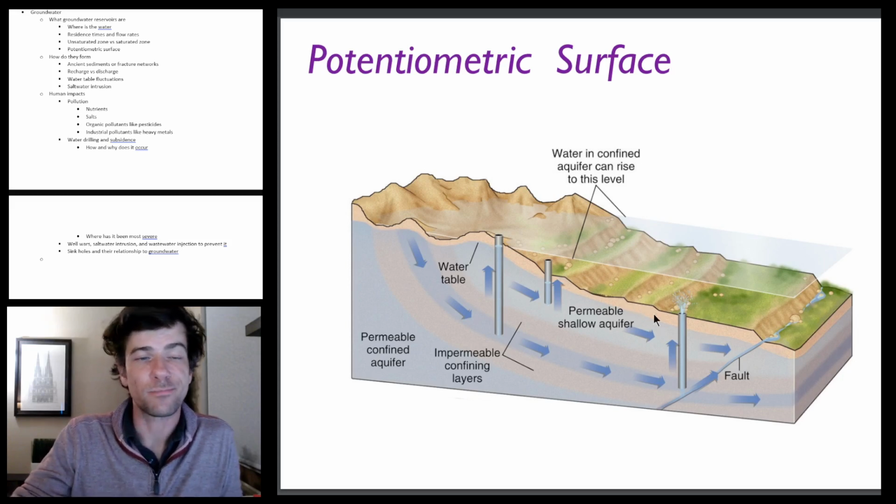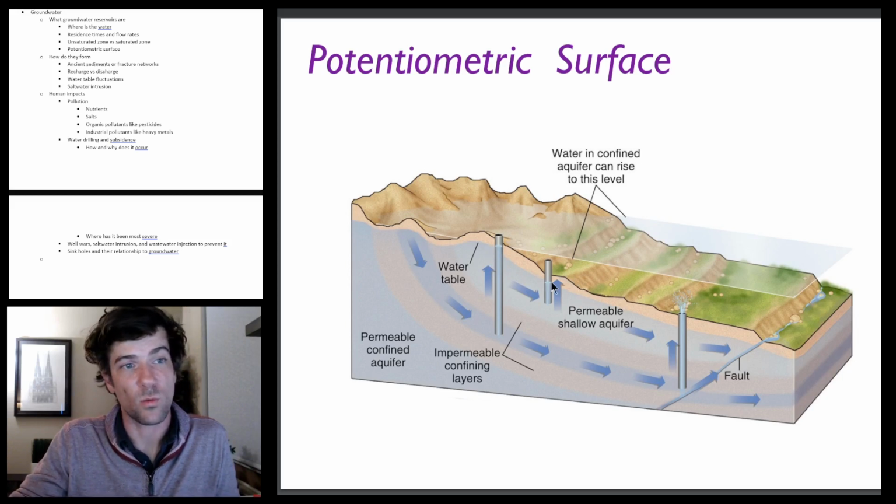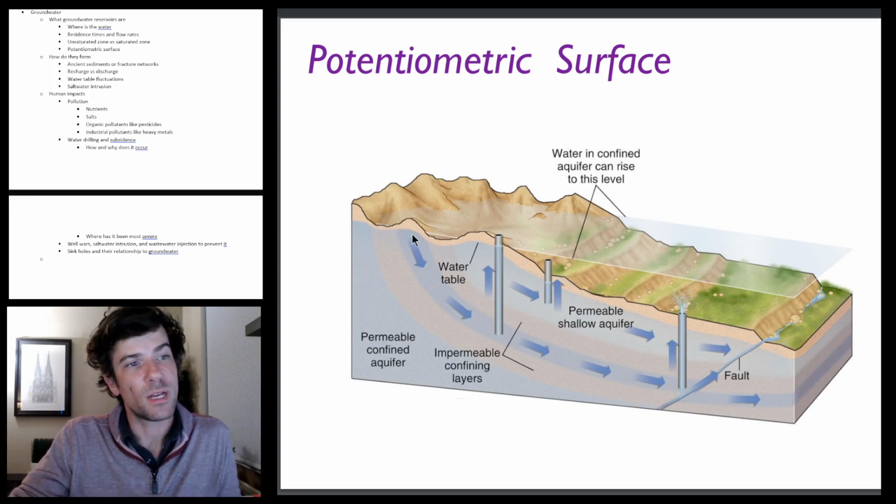But in general, water tables can be kind of shallow and permeable, and you have this unsaturated zone above. Those reservoirs are not under any more pressure than is being exerted by this water right here. You can also have a confined aquifer, though, like this, where there are impermeable confining layers above and below, like it says there. The zone of recharge is up here in the mountains at this level.